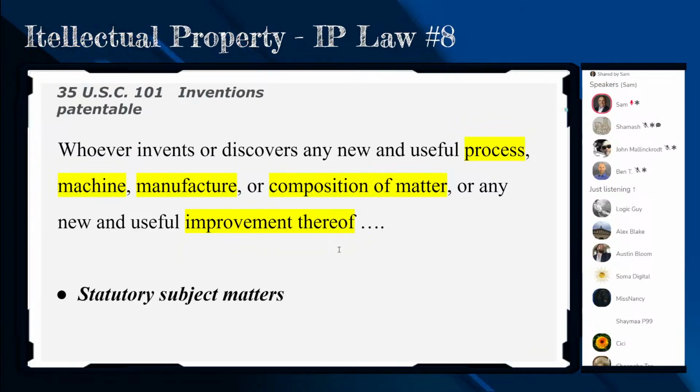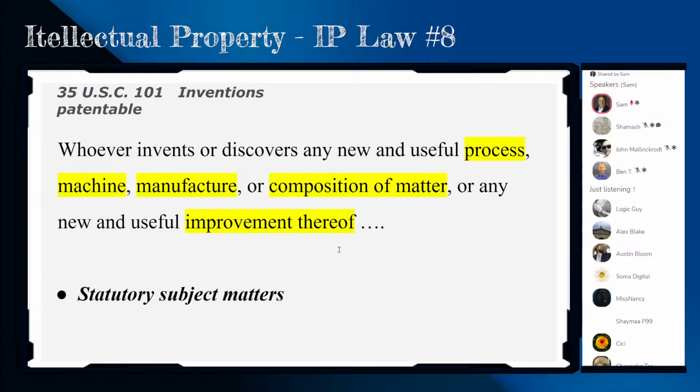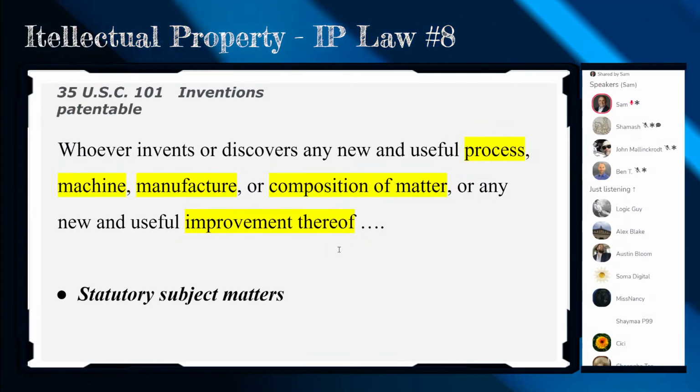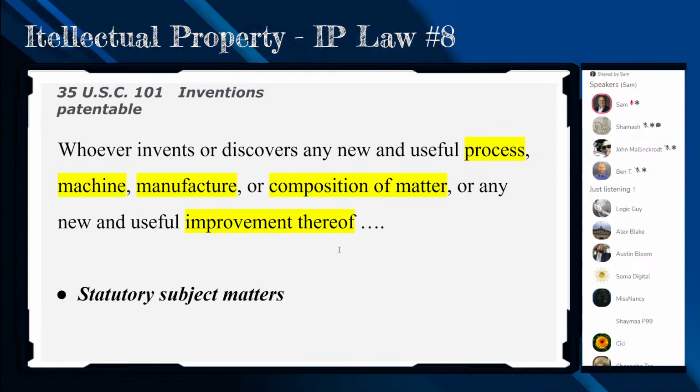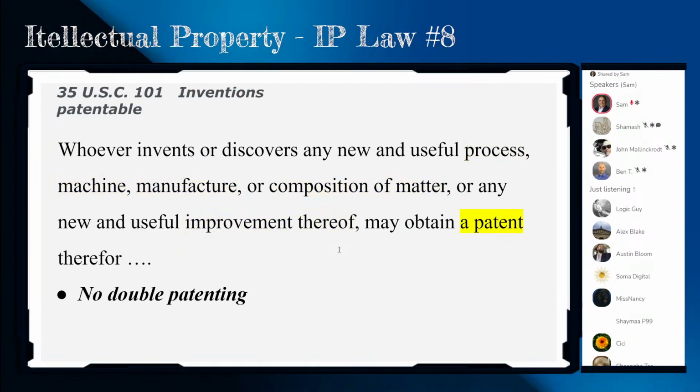You basically say, unfortunately, the invention that you have doesn't fit one of these four statutory subject matters, so I can't really do the patent work for you. I never saw a patent application published. So my guess is that he had a tough time going to other patent attorneys and getting somebody to do that for him. Anyway, those are the statutory subject matters that fall out of this.